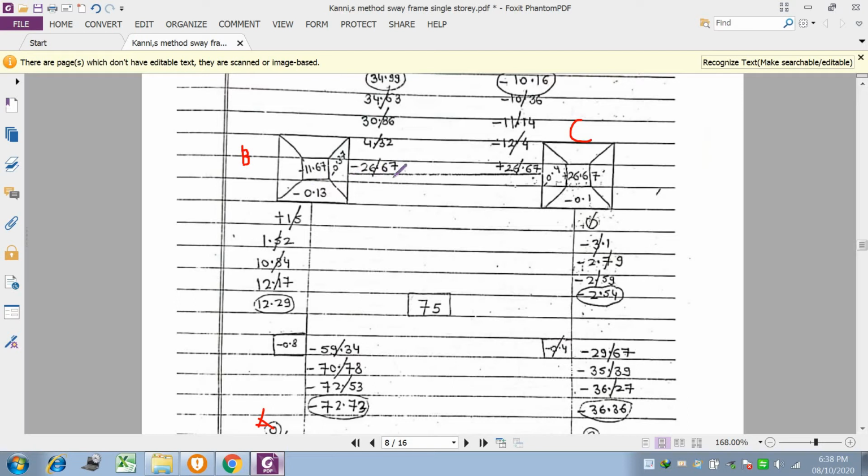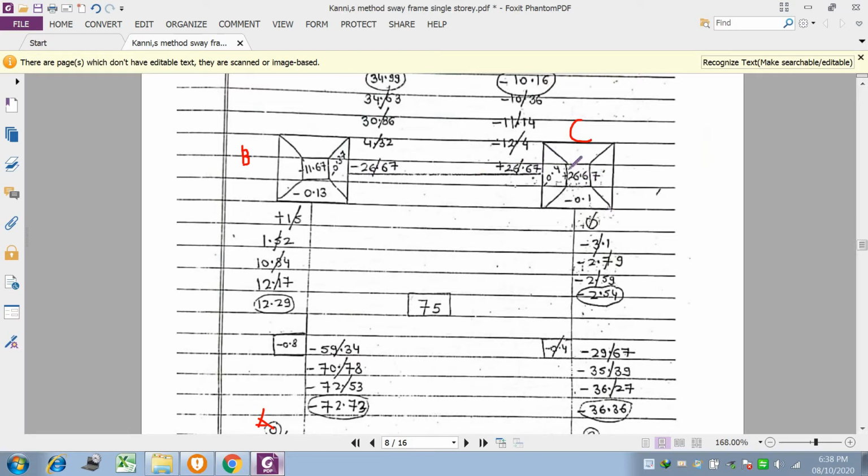So minus 26.67 plus 15, if you do this calculation, you will get minus 11.67. Here also 26.67 plus 0 becomes 26.67.